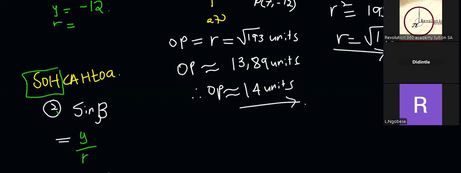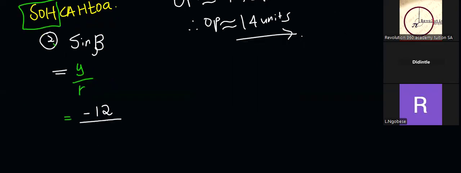You get to see that, but you won't write it in decimal form. Rather you write the square root of 193.